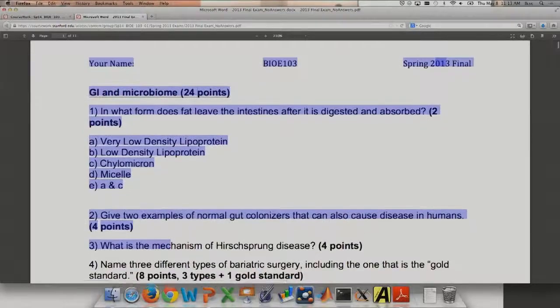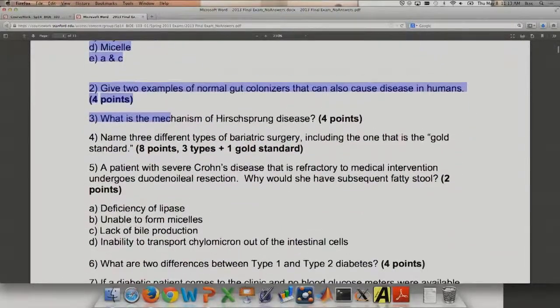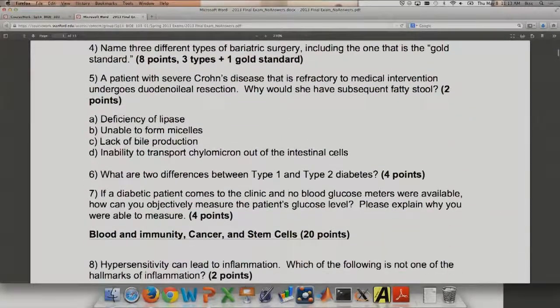So next question is name the 3 different types of bariatric surgery and include one that is the gold standard. Or which one of those is the gold standard? There's actually 4 covered in lecture, right? Anyone know the names of those? Good. Gastric band. What else? Yeah.